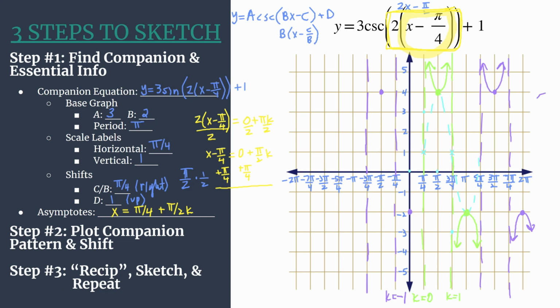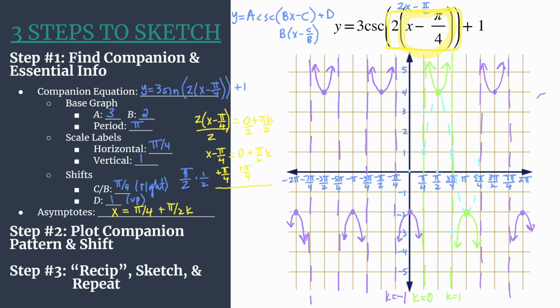That's when k is -2. Local maximum, asymptote when k is -3. Local minimum, asymptote when k is -4. Local max. So sketch in those curves, and you've got a really nice sketch of a pretty complicated shifted cosecant graph.